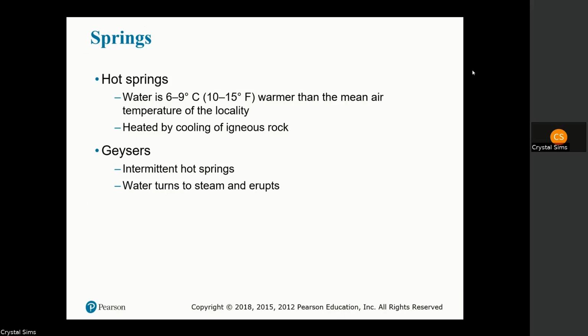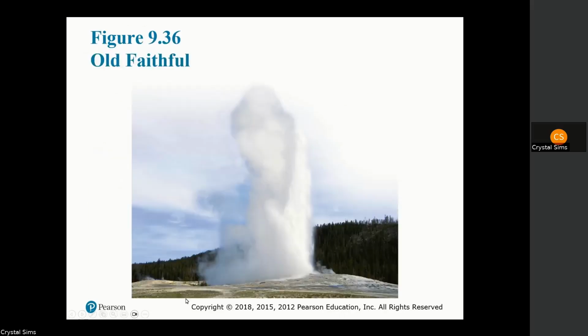So it gets superheated, essentially. And as the water heats, it expands, and then it shoots out of the ground as a geyser. And of course, one of the most famous of these is Old Faithful in Yellowstone, but there are hundreds of geysers in this area. But you know, Old Faithful is the one that gets the most attention.